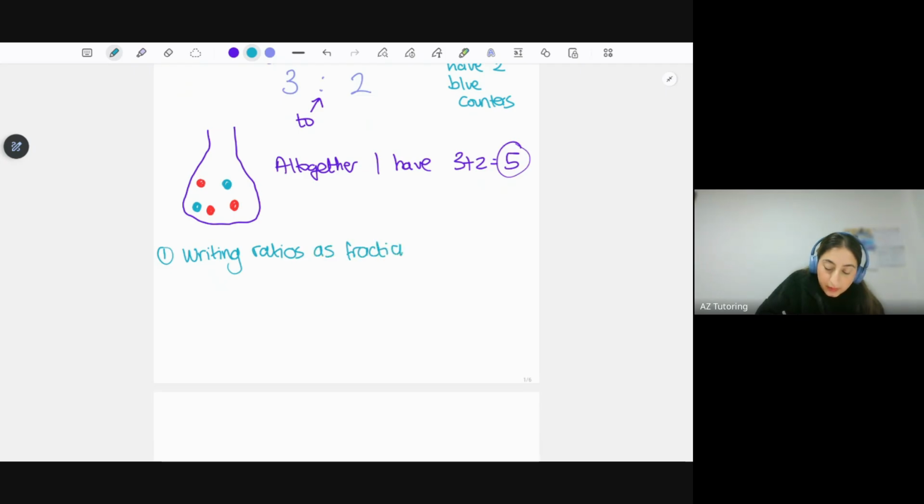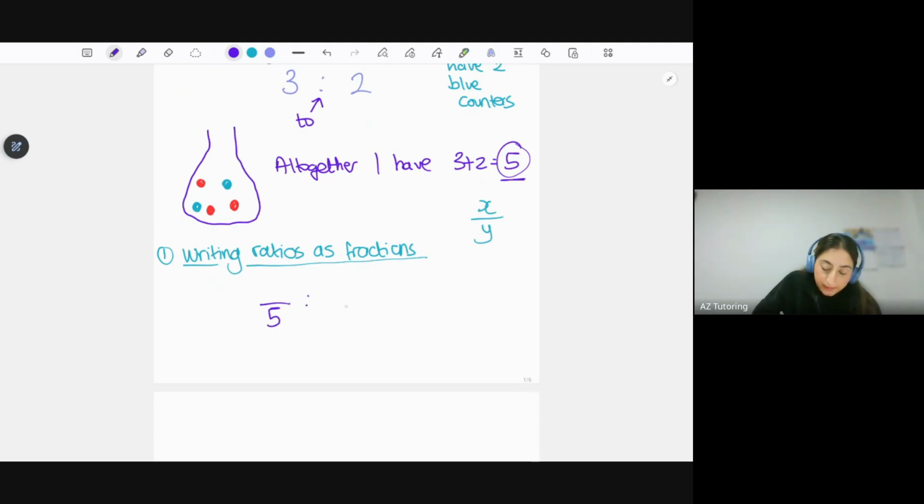So the first thing we can do is write them as fractions. The fraction has a numerator and a denominator. The numerator is the amount you have, and the denominator is the total amount. In this case, we can say the total amount we have is 5.